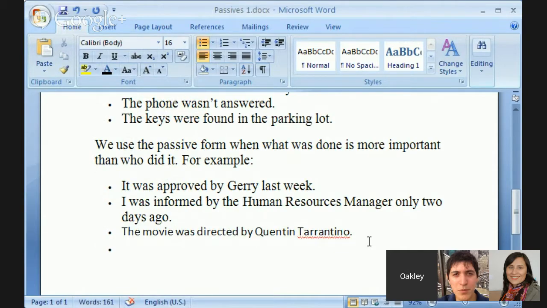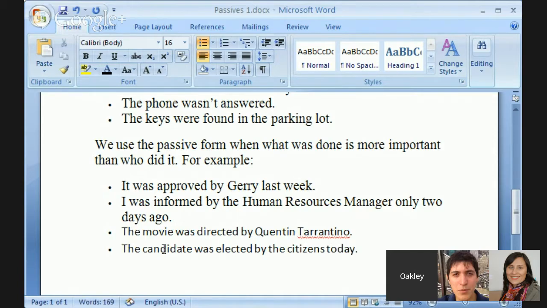Ariella? Yes, I have a sentence. The candidate was elected by the citizens today. Given a lot of elections going on lately around the world.